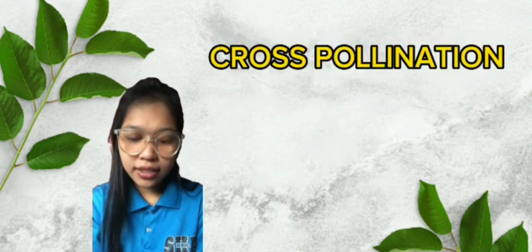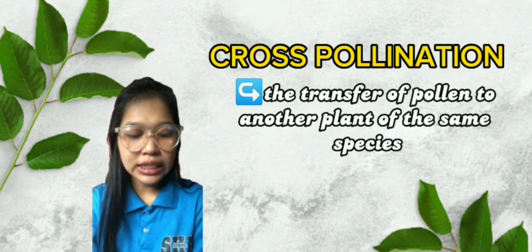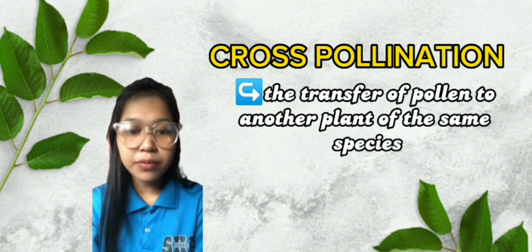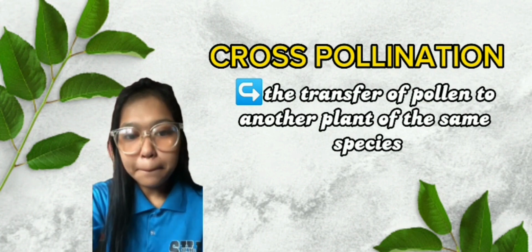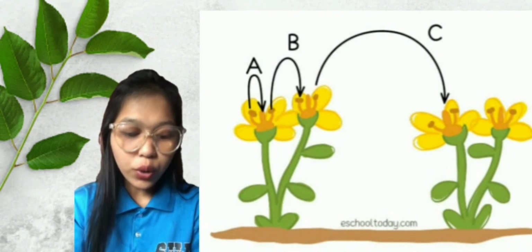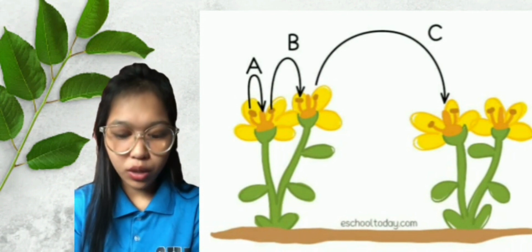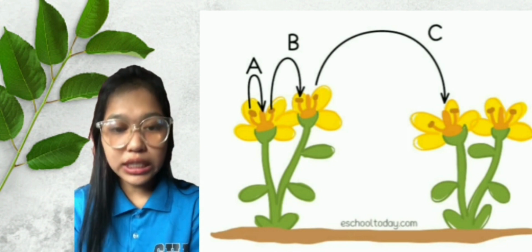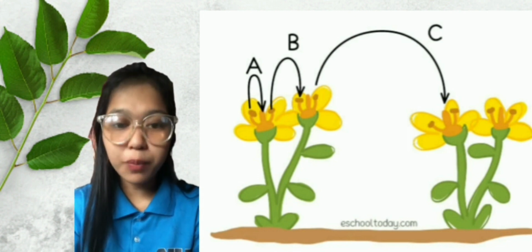On the other hand, cross-pollination is the transfer of pollen to another plant of the same species. In the diagram, you can see A and B, which are examples of self-pollination, while letter C is an example of cross-pollination.